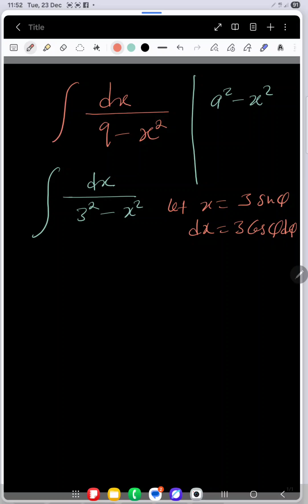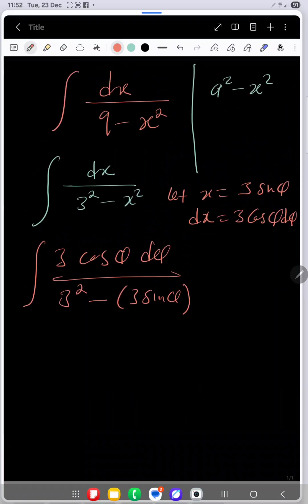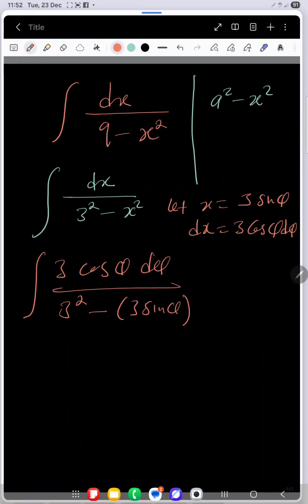By replacing them in the question, you are going to have the integral of dx, we are putting 3 cos theta d theta over the 3 squared down, minus where there is x, we are putting a 3 sine theta like that. Remember, where there is x here, the x is squared, meaning that even as you are replacing the x, this should be squared there.